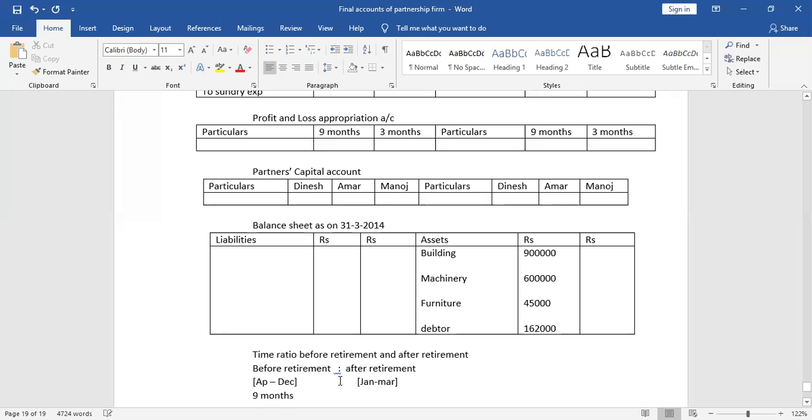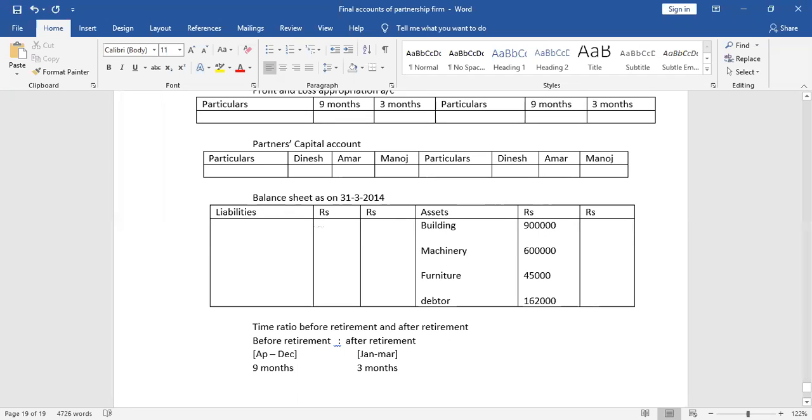That will come to 3 months. So it is 9 and 3. So we can reduce it more. 3 3s are 9 and 3 1s are 3. We can have the ratio 3:1.